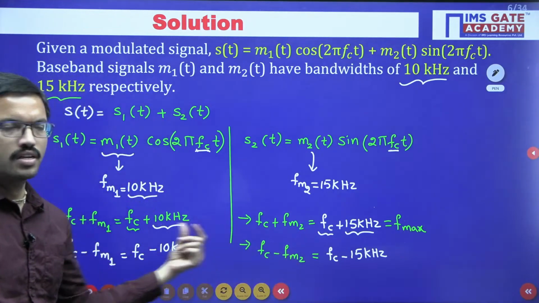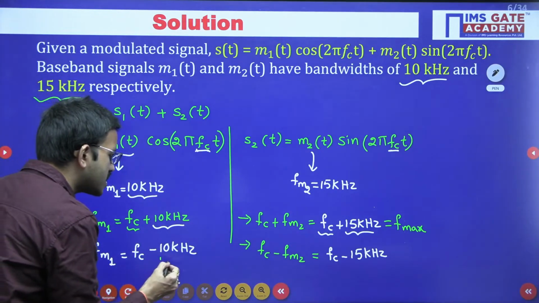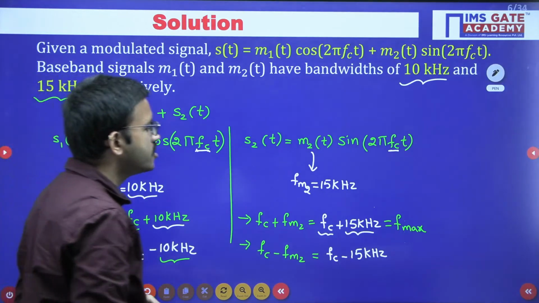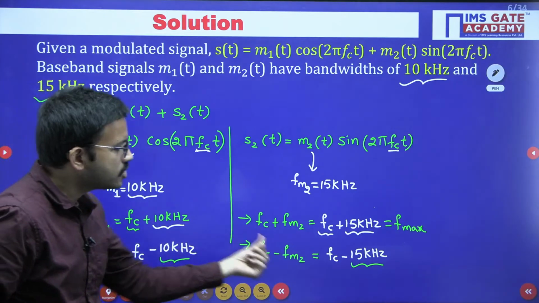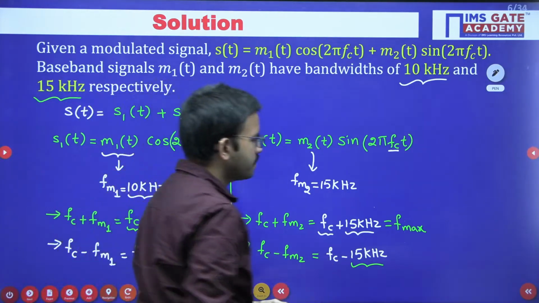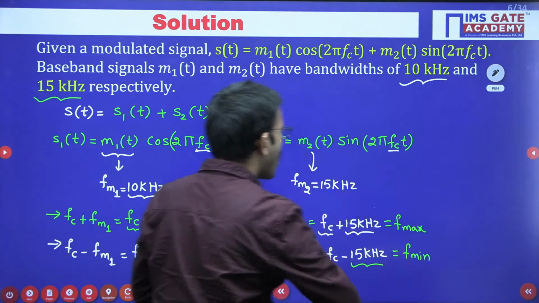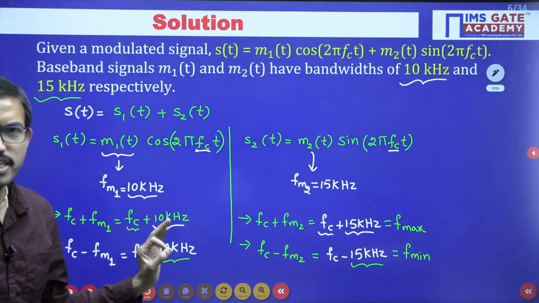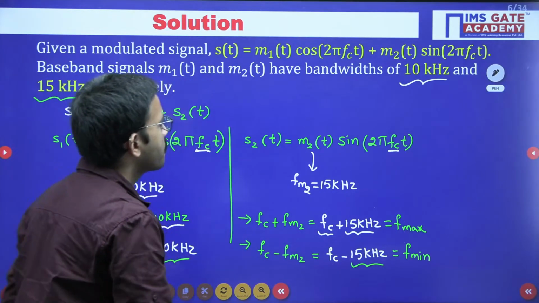Here from FC you are subtracting only 10K, but here you are subtracting 15K. So among these two, this one is the smaller one, so overall this is the minimum. Among all the 4 frequencies, we have identified the maximum and the minimum frequency, right?